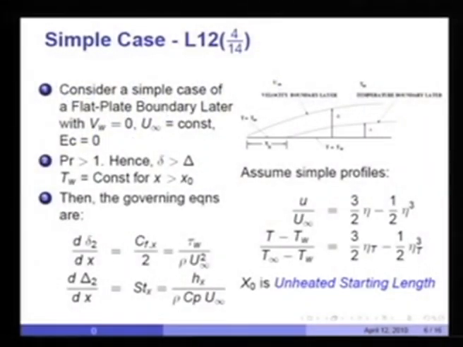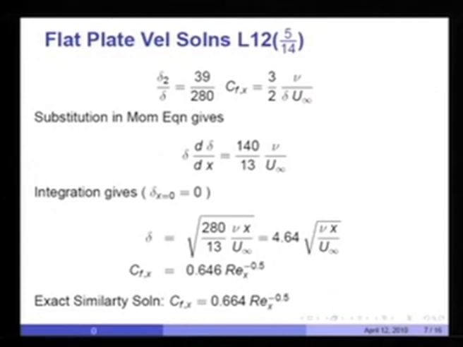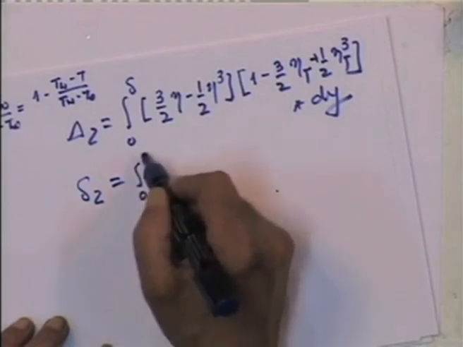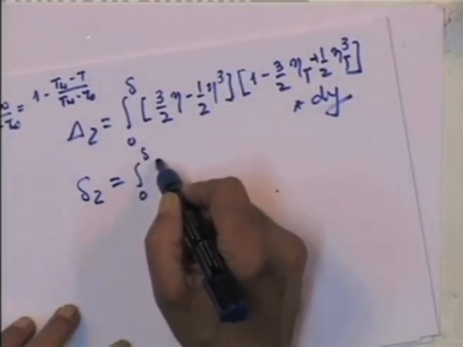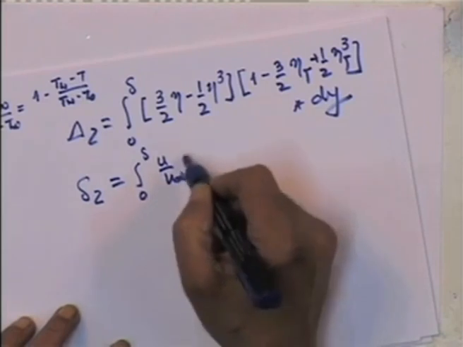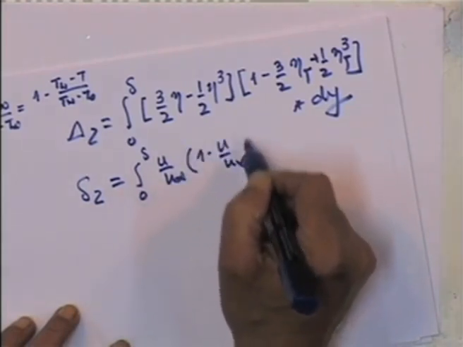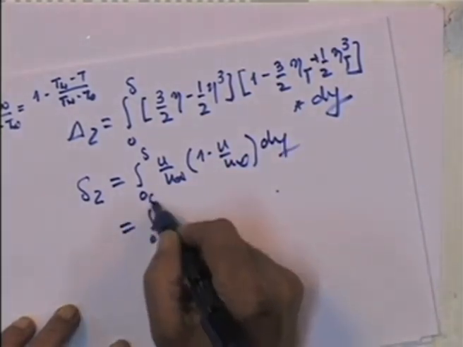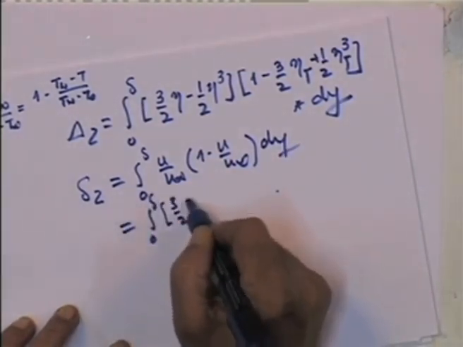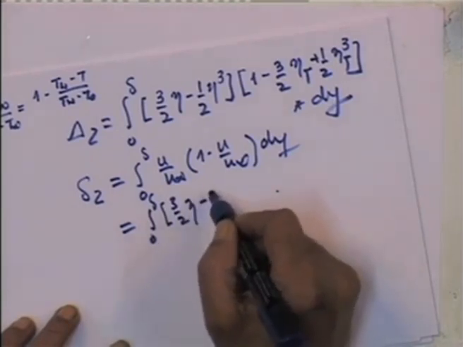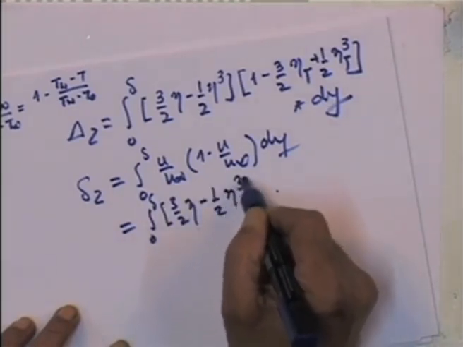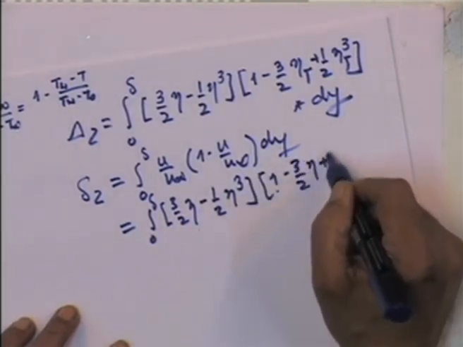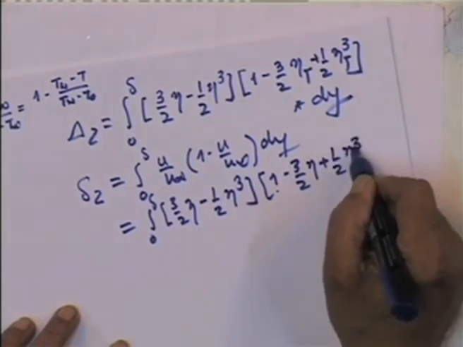The evaluation leads to, first of all, the momentum thickness delta 2, as you recall, is the integral from 0 to delta of u over u infinity into 1 minus u over u infinity whole dy, and therefore, that will be equal to the integral from 0 to delta of 3 by 2 eta minus 1 by 2 eta cube into 1 minus 3 by 2 eta plus 1 by 2 eta cube dy.